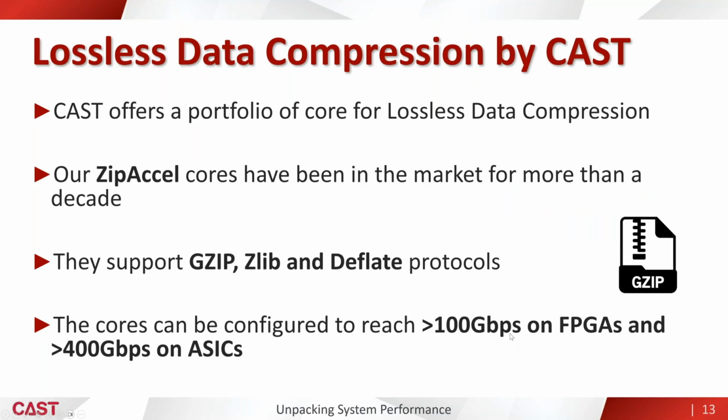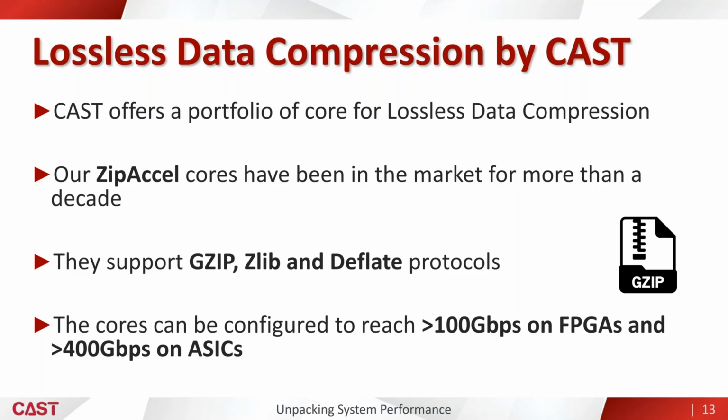So let's now proceed with what CAST can offer as a lossless data compression portfolio. We have an extended portfolio which comes from our long experience in this application field. Our ZIP cores have been in the market for more than a decade. These cores have been productized tens of times on both ASICs and FPGAs.